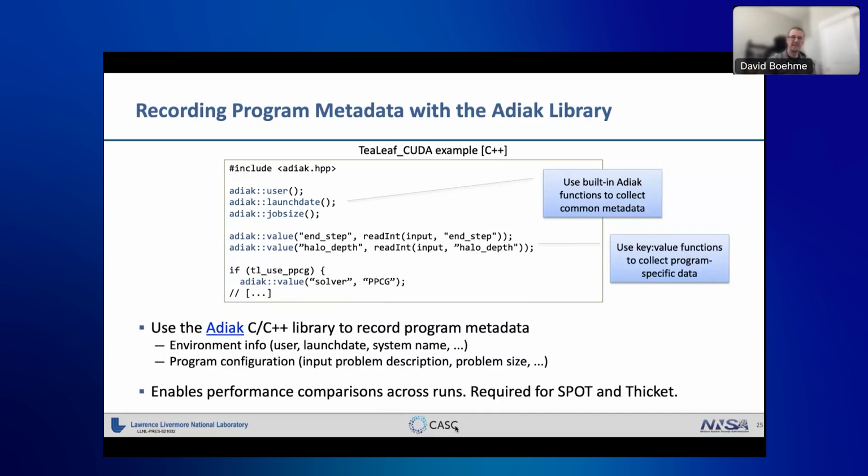And then there's this key-value interface that allows you to put custom information about your particular program as run metadata into the application. In this case, we're using it to add several input parameters that we got for our input deck, and the algorithms that we use and so on. This is essentially what enables us to automate a lot of the ensemble analysis in Thicket later on.